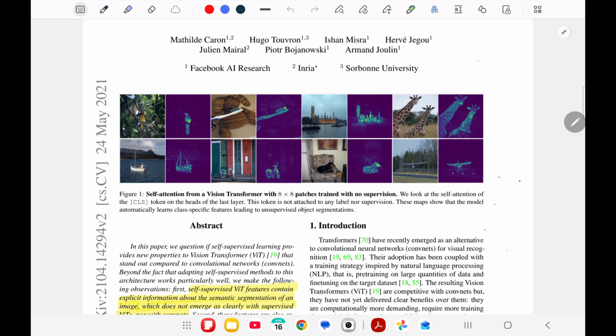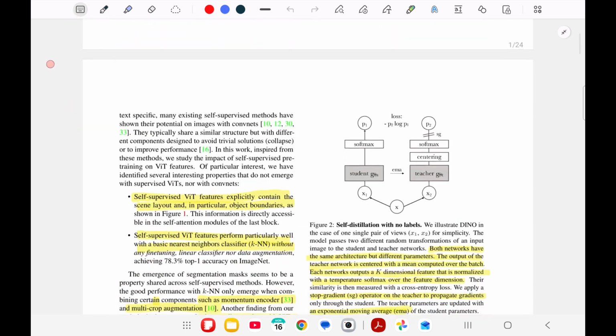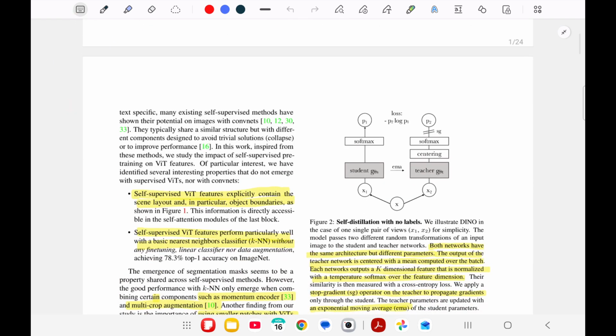What they are showing is that with this teacher-student learning, which is similar to distillation, we get very good representations. Now I will explain how they attain this good representation.